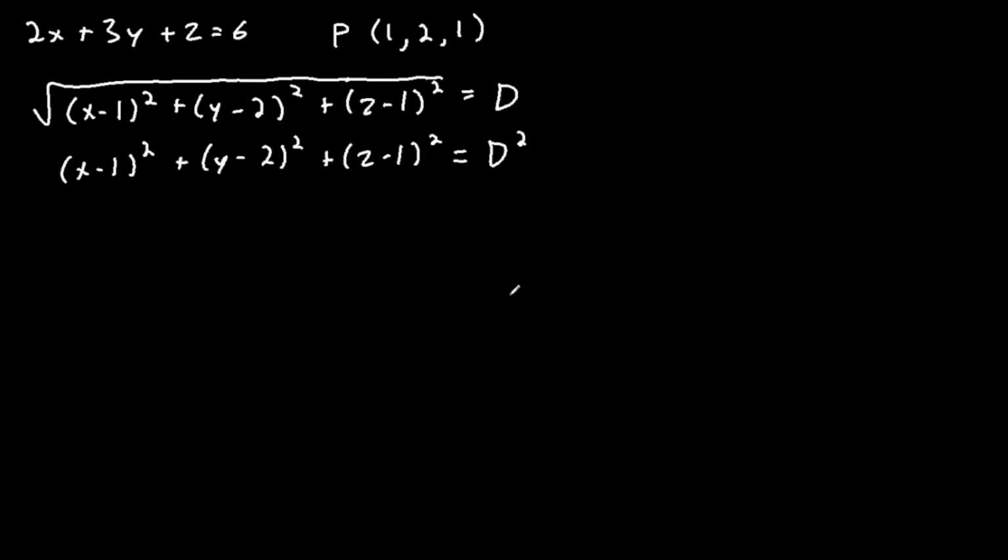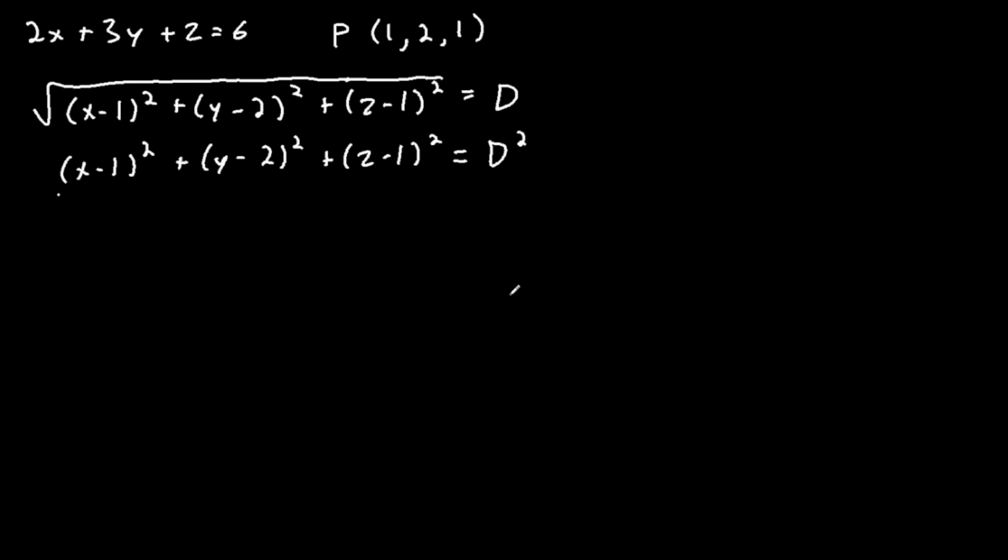Because minimizing distance is the same thing as minimizing distance squared. Both of these are monotonically increasing. Maybe you remember that word from your Calculus 2 class. Both of these distance functions will increase as long as the other side of the equation increases. That's why you can use distance squared, because if you minimize distance squared, you minimize distance as well.